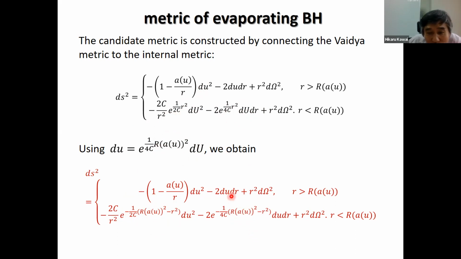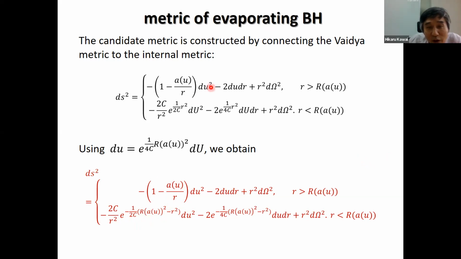So the point is, if we consider the surface at r equal capital R, then at r equal capital R this one disappears, because if small r is capital R, this one is 0. So this is connected to this smoothly. And also, as we have seen, if r is capital R, this one is equal to 2c over R squared, and this factor becomes 1. So again, this one is smoothly connected to this.